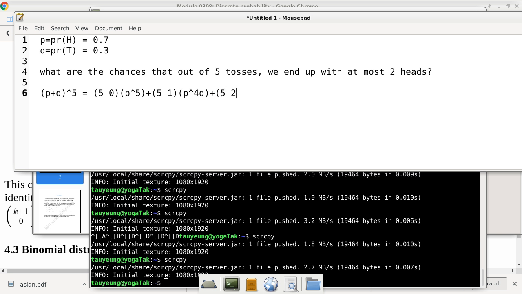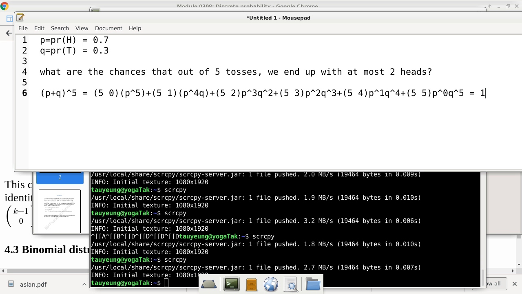It has 5 choose 2 of p to the power of 3 q to the power of 2, plus 5 choose 3 times p to the power of 2 q to the power of 3, plus 5 choose 4 of p to the power of 1 q to the power of 4, and then we have 5 choose 5 times p to the power of 0 q to the power of 5. Okay, and we know they all have to add up to 1. That part is known.